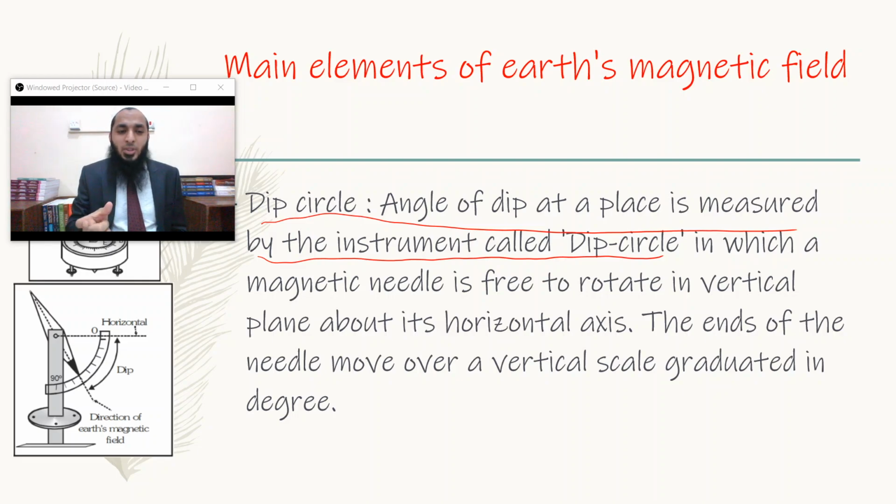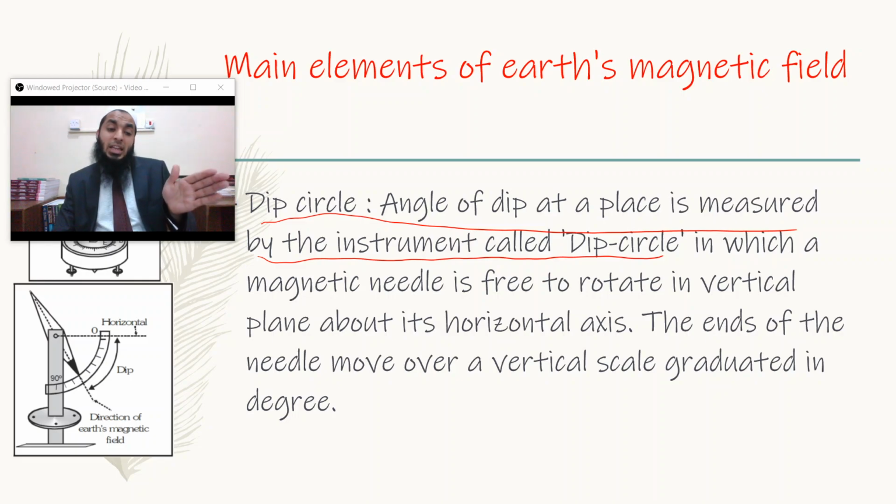Now apparent dip is there if the vertical plane of the dip circle is not aligned with the magnetic meridian. It can be any vertical plane, not necessarily the geographic meridian.